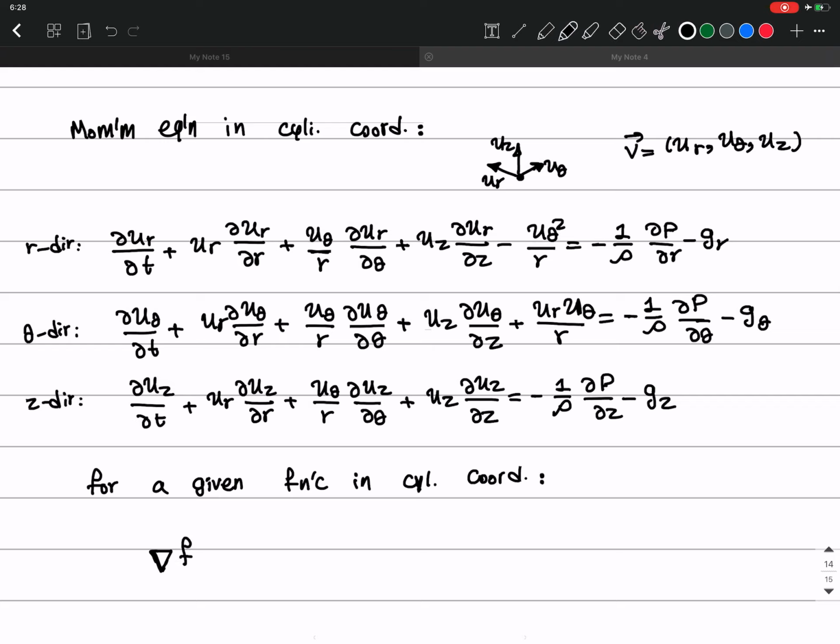So say we have a function f, which is a function of r, theta, and z, and the gradient of that is going to be partial f over partial r, the first component. The second component is 1 over r, partial f over partial theta, and then the third component is partial f over partial z.